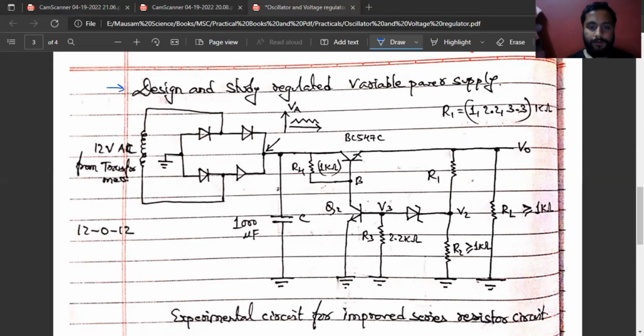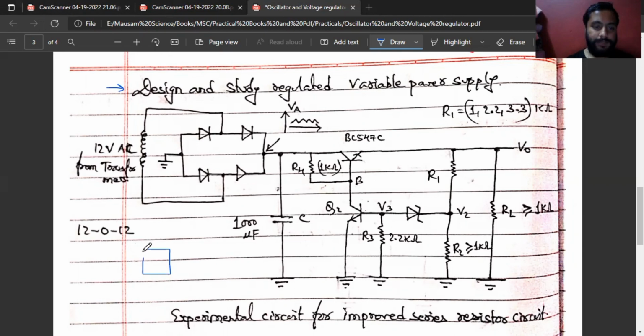I hope you can see this, and that my screen is being shared. Let me show it once again. This is one example of a transformer which we can see in any kind of electronic device. We need one transformer, and we connect it.